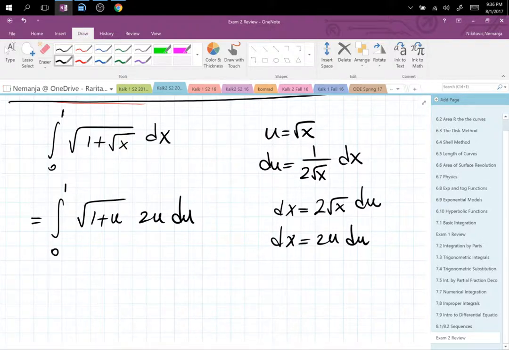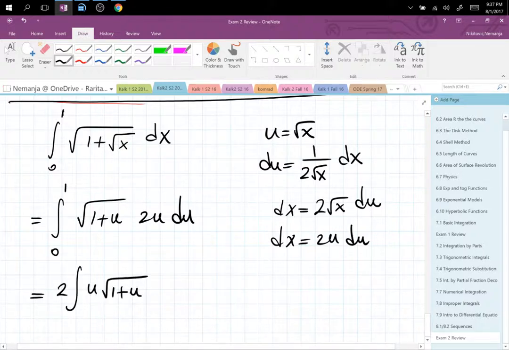So now we have 2 times the integral of u root 1 plus u du. And Adam was right. We have to do another substitution.